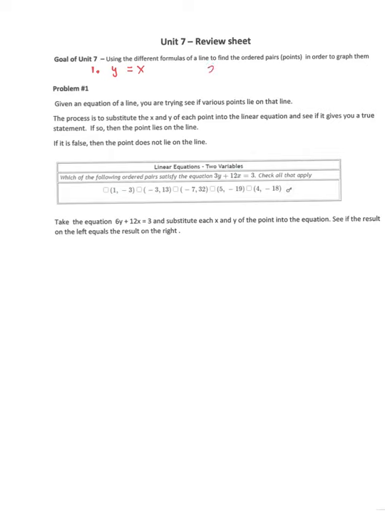And the second one is where the x and the y are on the same side and it equals a constant. For example, y equals 3x plus 1. And the other one might be like 2x plus 4y equals 12. So there are two types, and the way we graph them is a little different.